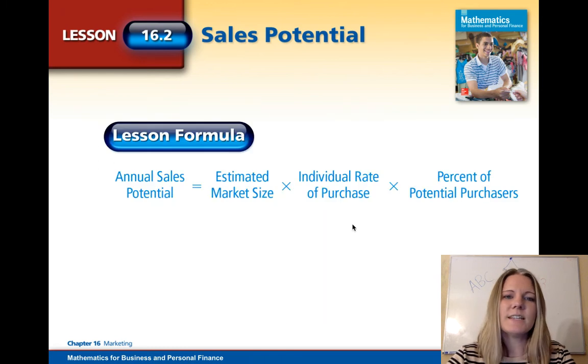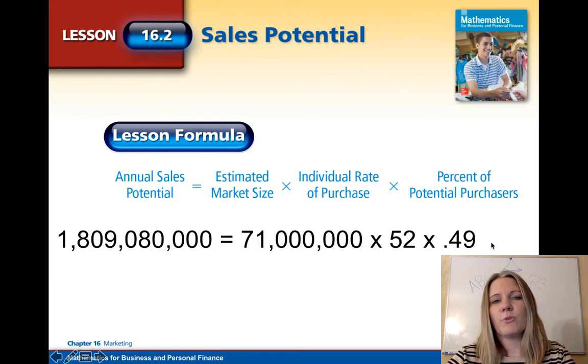Our lesson formula for this is a lot of multiplication. Notice the things that make sales potential go up are the estimated market size, the individual rate of purchase, and the percent of potential purchasers. So for Coca-Cola, the percent of total purchasers we calculated as 49%. That number should sound familiar.